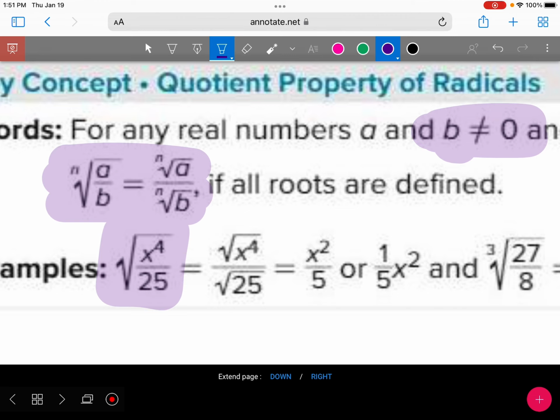And then as you can see, cube root of 27 over 8, that's a funky fraction. If we take the cube root of both 27 and 8, we can simplify that a lot more nicely. Okay? Everyone good with this? We're going to do some examples in a second, I promise.